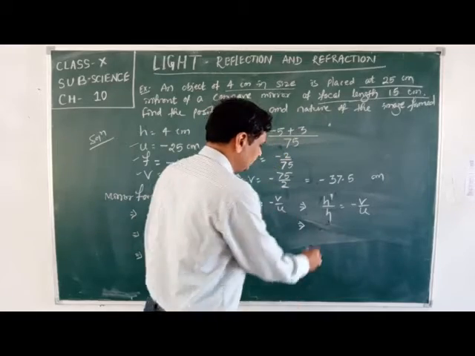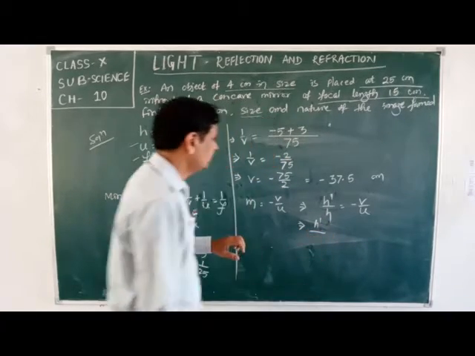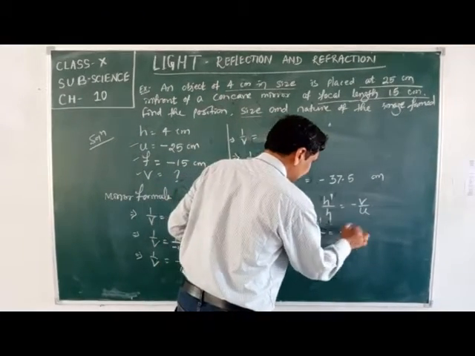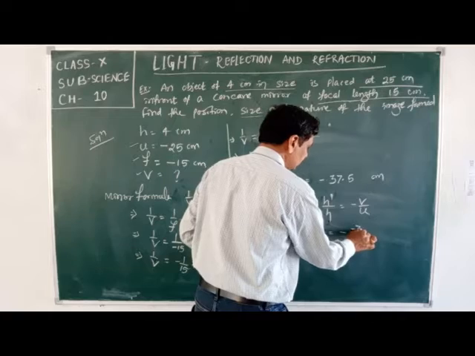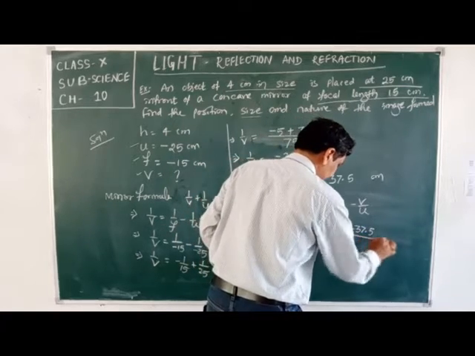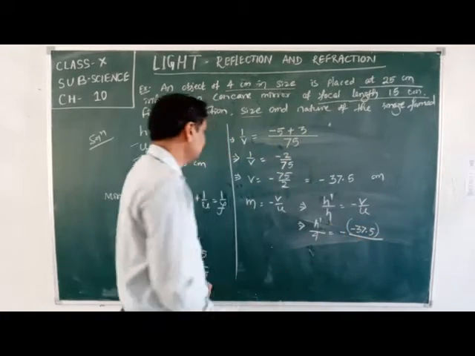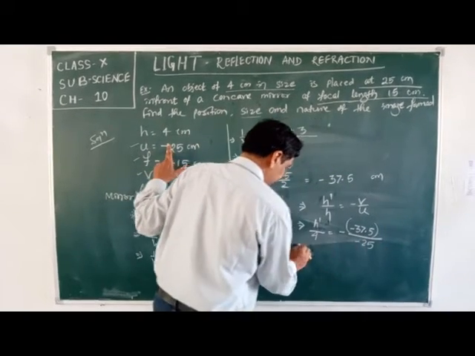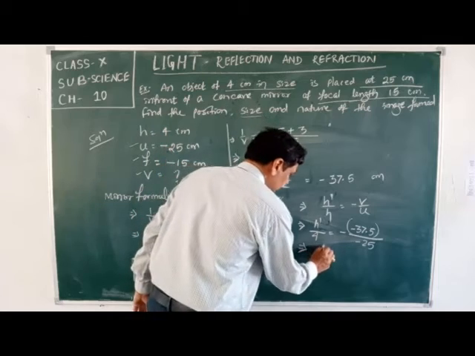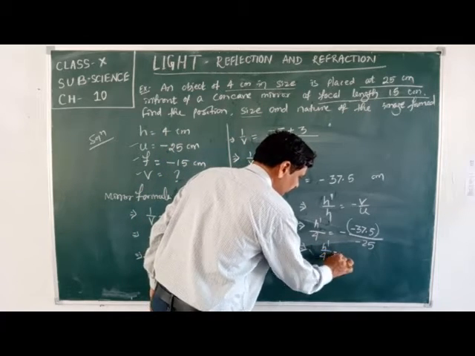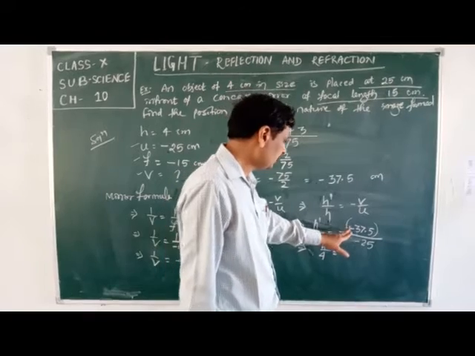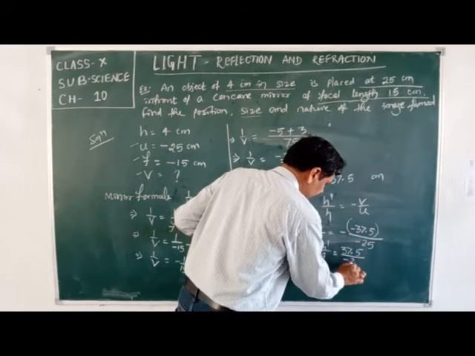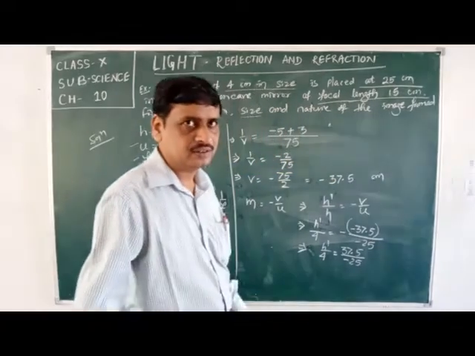Here h, that is the size of the object, is 4 cm, v is minus 37.5, and the object distance u is minus 25. Now h' by 4 is 37.5 by minus 25.